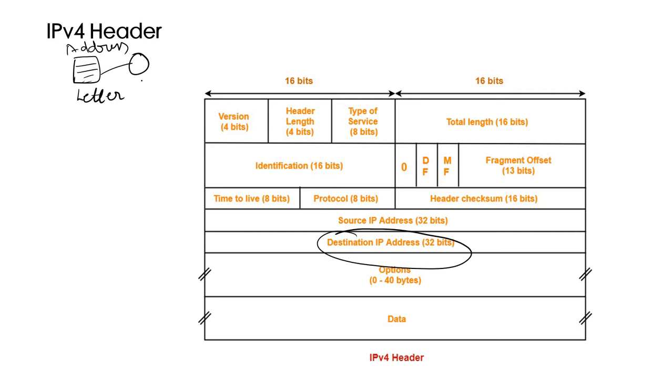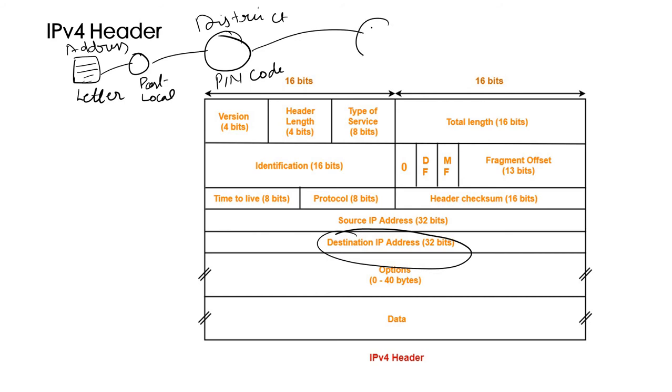Every postal item reaches the local post office first, and after the local post office, it may reach some district level post office, and that district level post office checks that address, or we can say the pin code, right? That is having the pin code. It will check which state it belongs to. It goes to that state if it is of the same country, or in fact the same state.